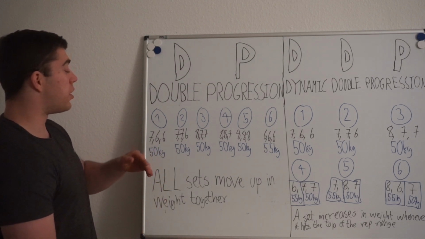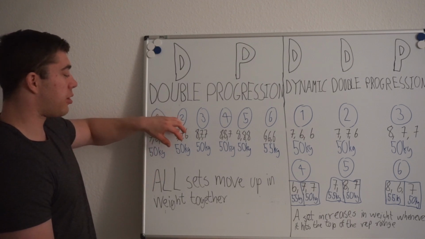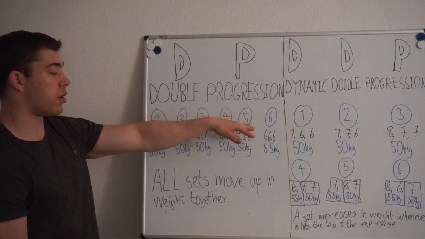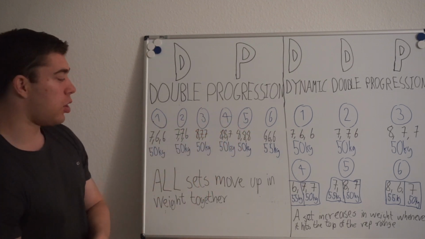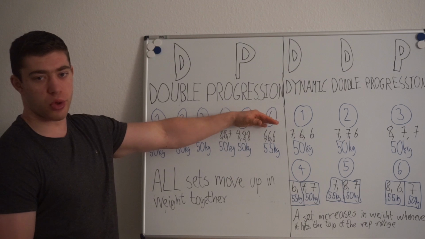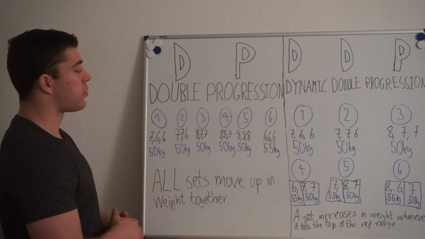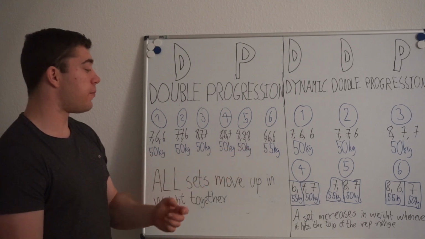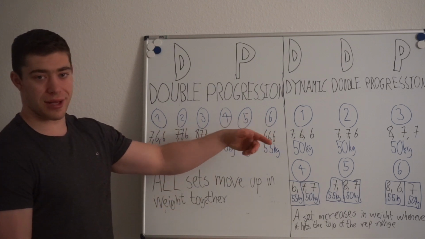Then you keep the same weight, so you do 7, 7 and 6, then you do 8, 7, 7, and then by the 5th training you get 3 sets of 8, which means that in the 6th training, the 6th week, whatever you want to call it, you are increasing the weight up to 55 kg, and you do 6, 6 and 6 reps.